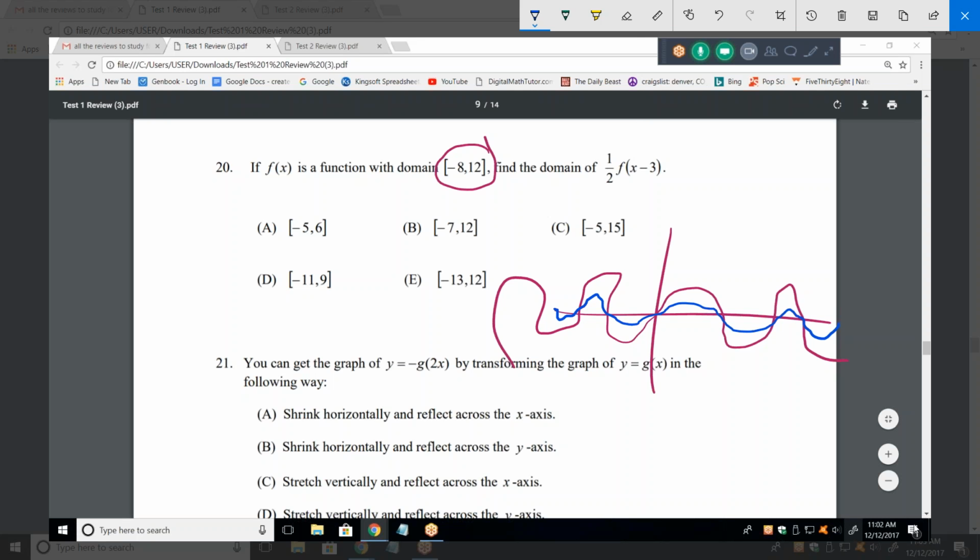It affects the range, but it does not affect the domain. So the first thing you need to understand is that domains are not affected by vertical transformations.